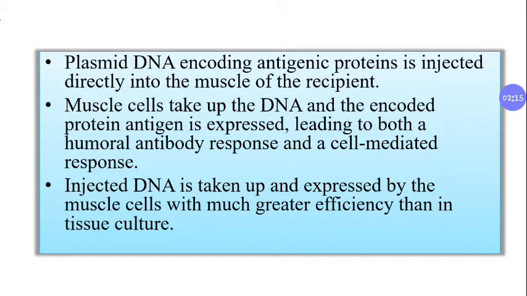Plasmid DNA encoding the antigenic proteins is injected directly into the muscle of the recipient. The muscle cells take up the DNA and the encoded protein antigen is expressed, which leads to both a humoral antibody response and a cell-mediated response. Injected DNA is taken up and expressed by the muscle cells with a much greater efficiency than in tissue culture.